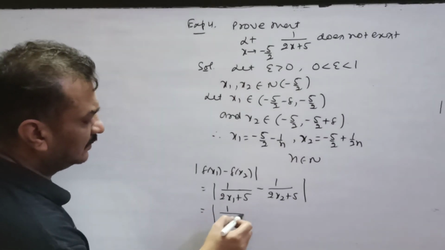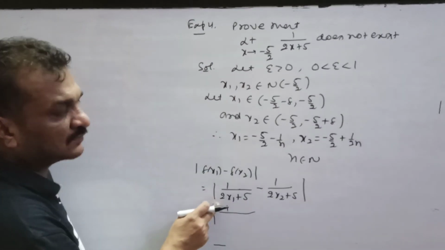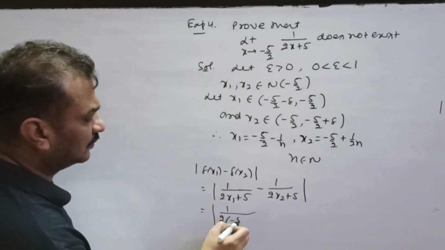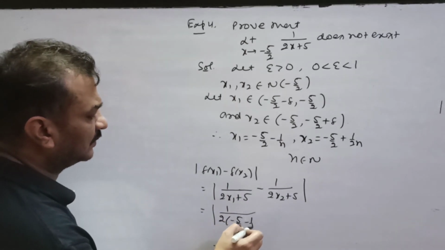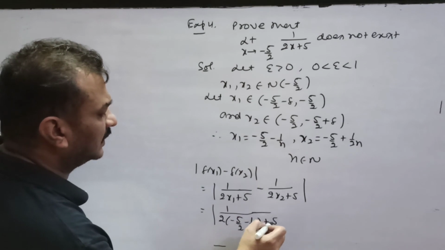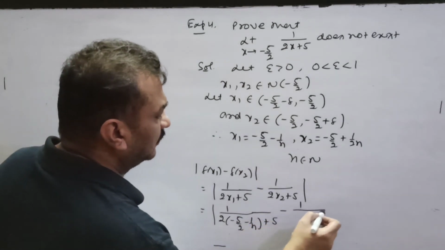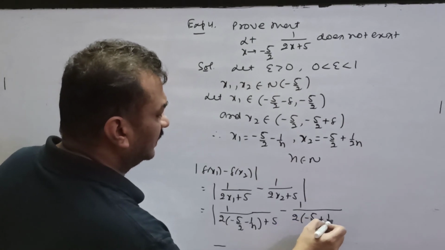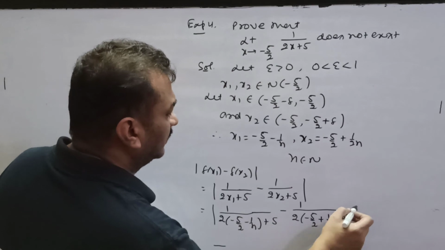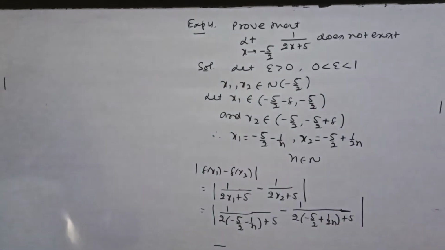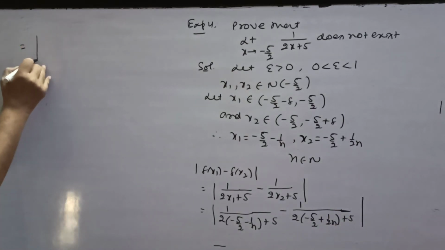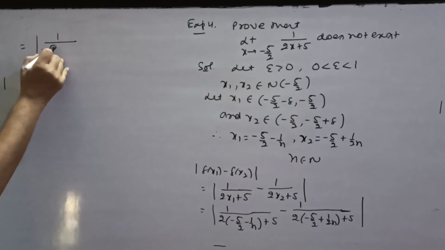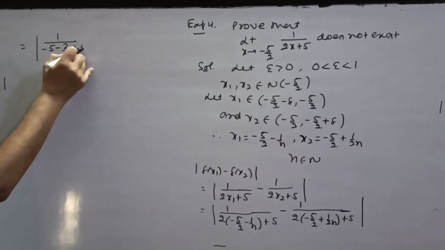Putting the values, that is 1 upon (2 times (minus 5 by 2 minus 1 by n) plus 5) minus 1 upon (2 times (minus 5 by 2 plus 1 by 2n) plus 5). This equals 1 upon (minus 2 by n) minus 1 upon (1 by n).